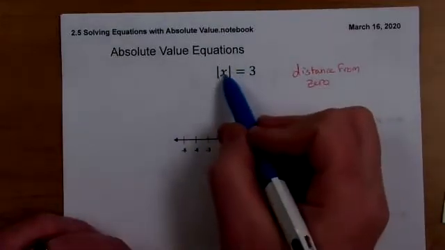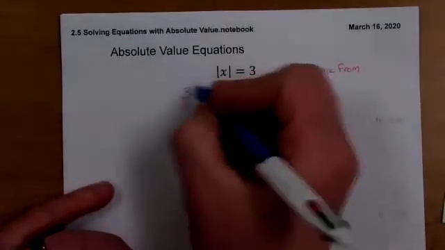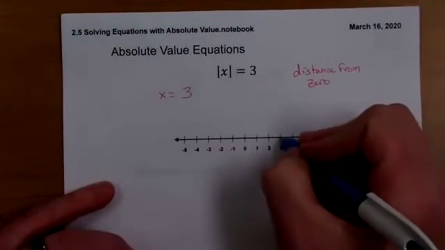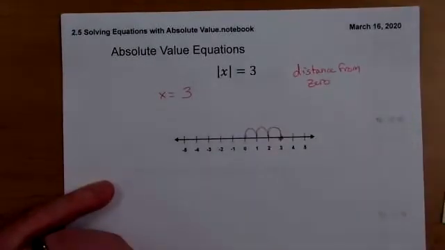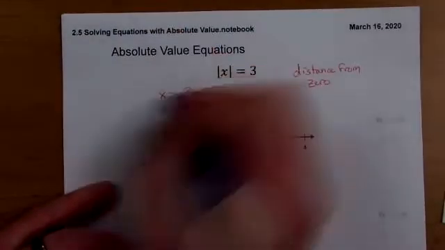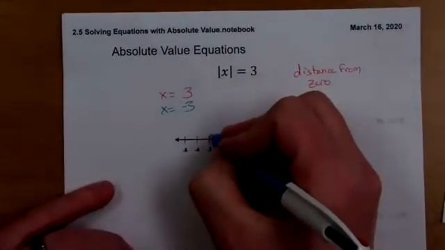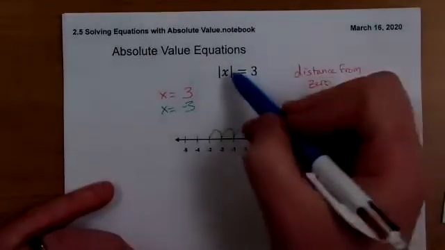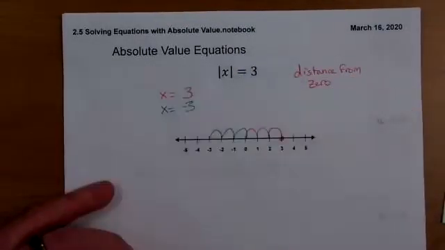Well, I could say x is equal to 3 because 3 is 3 spots from 0. I could also say x is negative 3, because if we look at negative 3, it's 1, 2, 3 spots from 0.